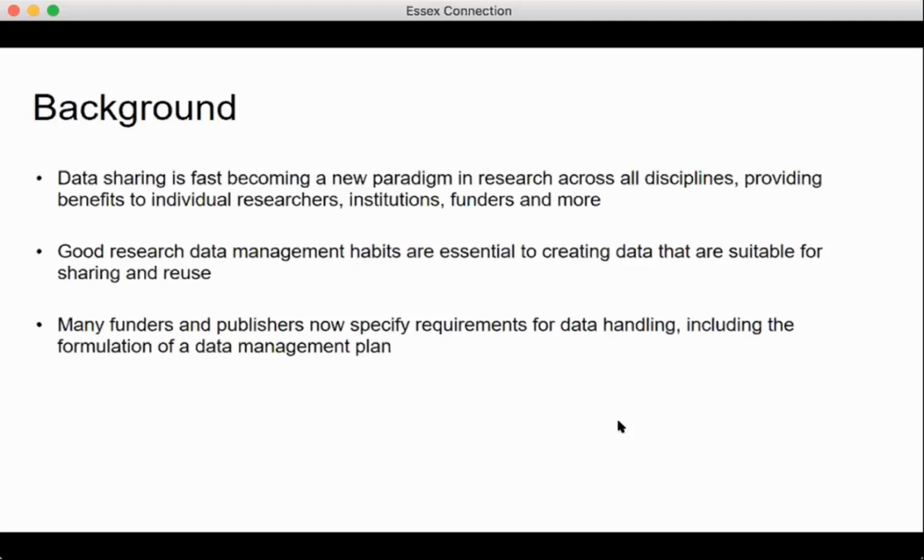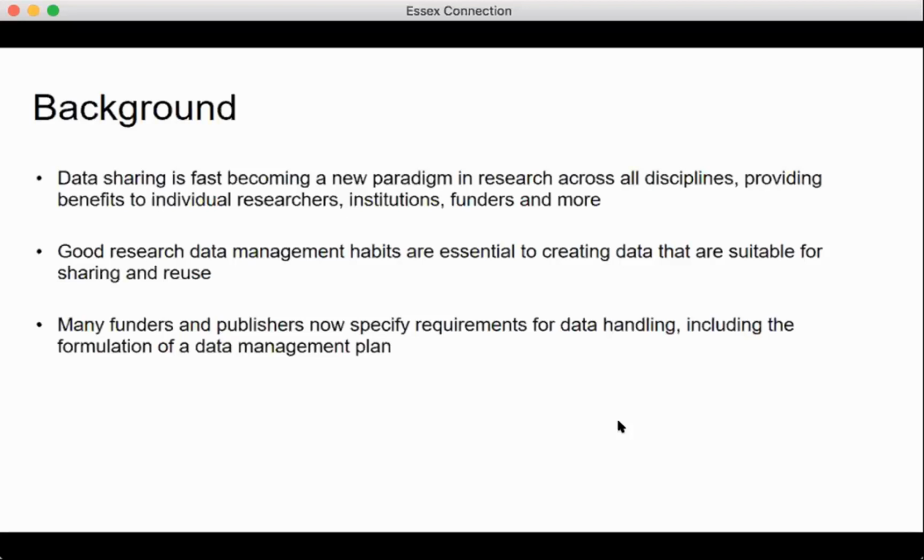For example, if adequate consent is not obtained to share the data collected, or we don't consider the complexities of data anonymization early on, it might lead to more work down the line. Or of course, if the consent is not appropriate, that might prevent us from sharing the data, especially if retrospective consent is not an option.